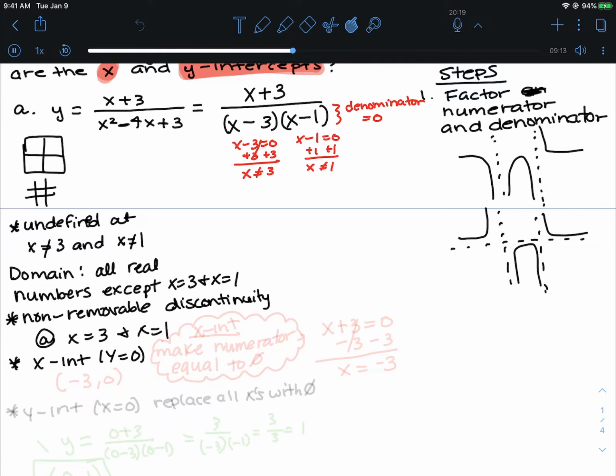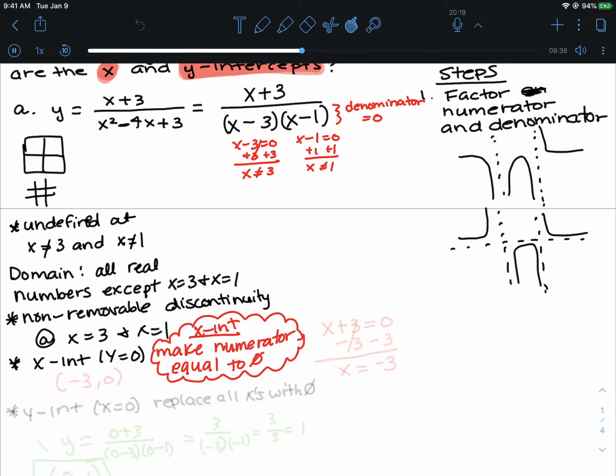So what's my numerator? Well, my numerator is x plus 3. So what I have to do is make that equal to 0 and subtract 3. And that means that my x-intercept is going to be at -3, 0.